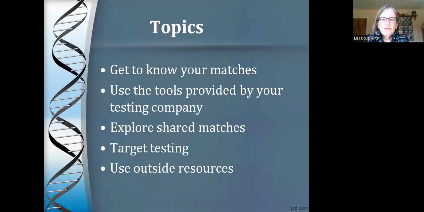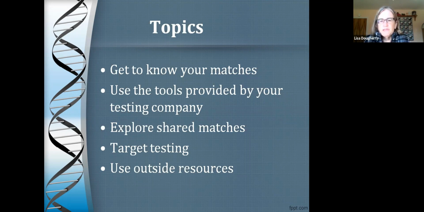All right, so these are the topics that we're going to be covering today. Simply getting to know your matches, which is something that we should all do. Use the tools that are provided by your testing company. We're going to be going over Ancestry tools, mostly in specific, but any of the concepts that we talk about are going to be applicable to any of the companies that you could have tested at. But each company has a little bit different tools.